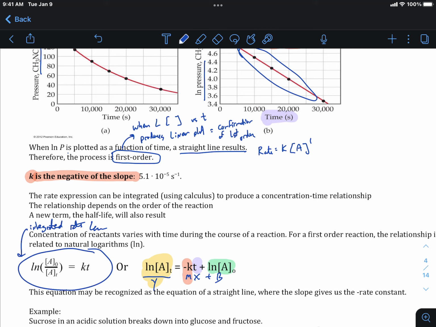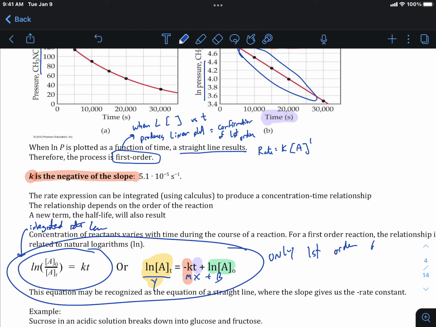Both equations are the same thing. They're just rearranged. Right? And both are perfectly viable to solve for any kind of problem that involves concentration and time, as long as you know that it is first order. Okay? And again, I stress, only first order reactions.